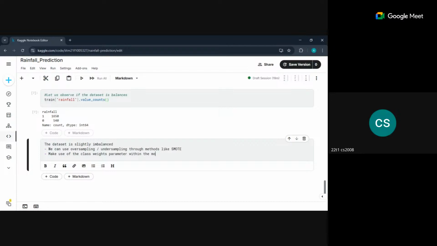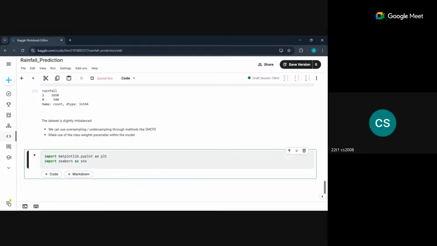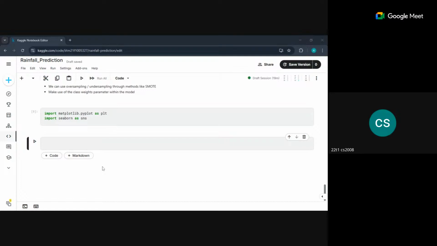Okay. So yes, then I had heard pair plot. What is the code snippet for pair plot? Anybody? Any answer for pair plot?